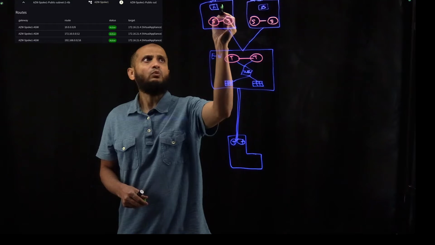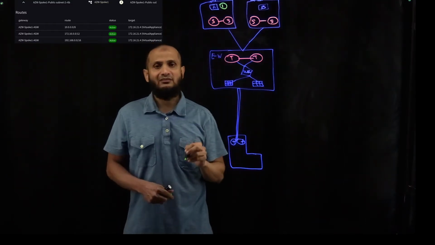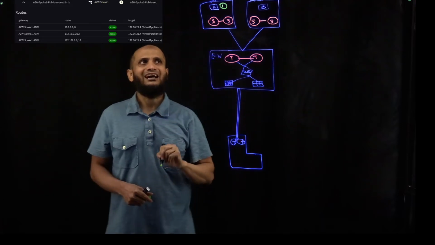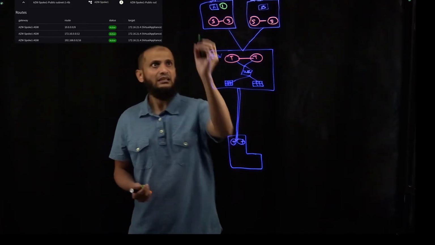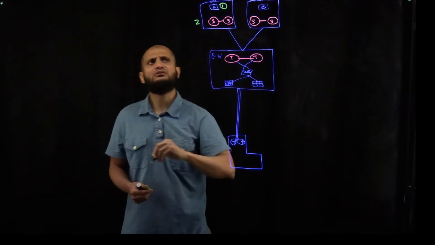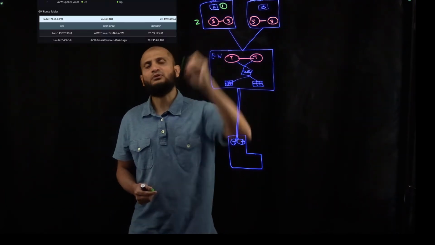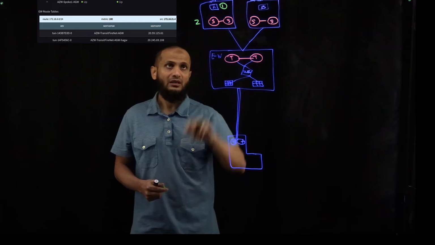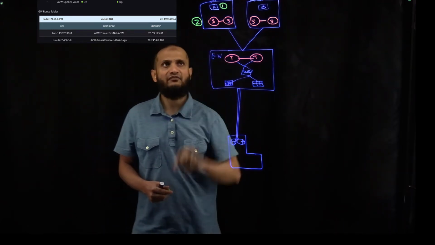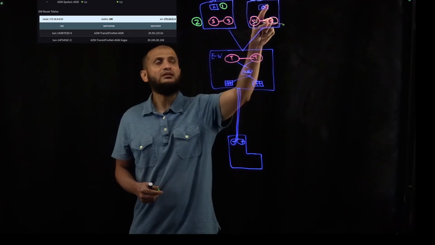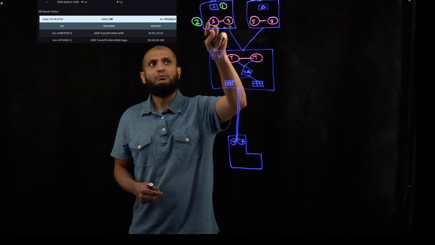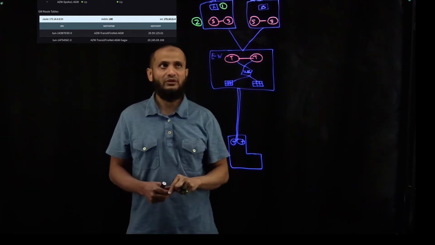Then step number 1: it's going to look at that routing table and send the traffic over to the spoke. Now the spoke is going to take a look at its own routing table. Just imagine this time the traffic comes to the primary spoke gateway. Now at this point, the spoke should have a route towards spoke 2 and that route will be available in the spoke gateway routing table.